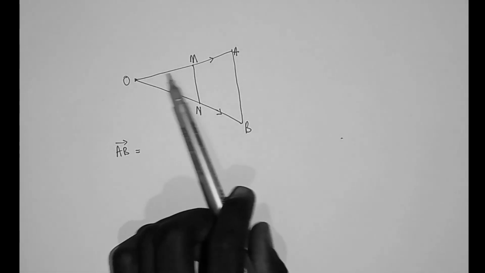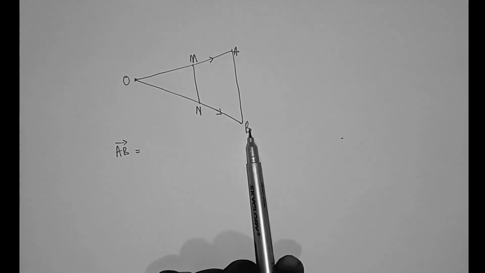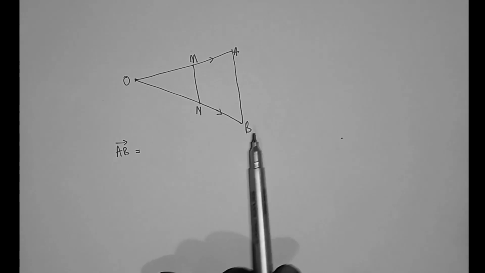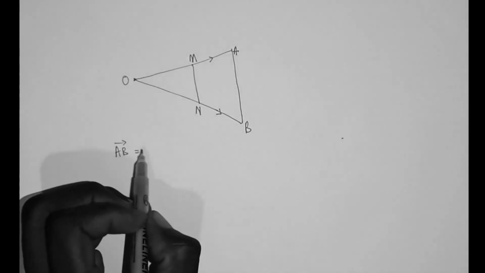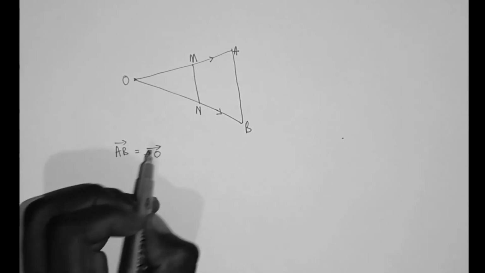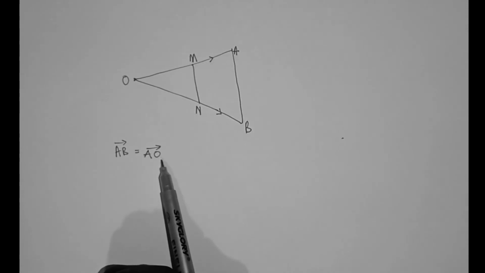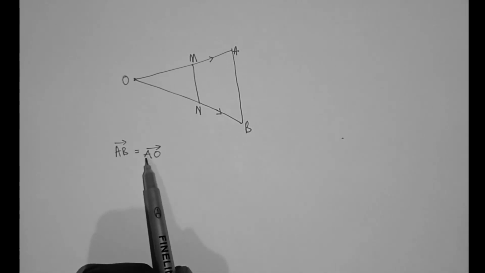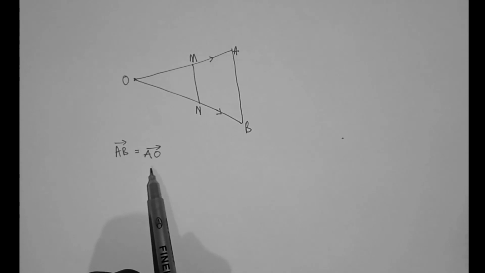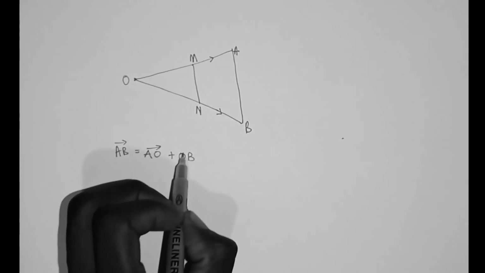You can see that OA is the position vector of A and then OB is the position vector of B. So AB is equal to the vector AO plus OB.